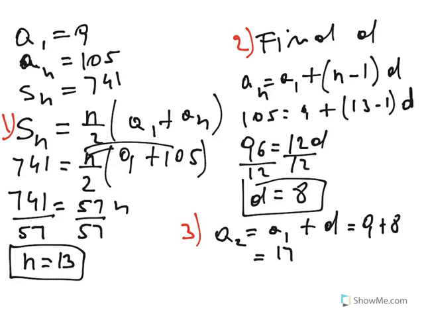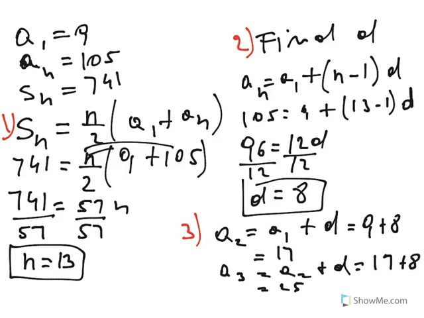And to find the third term, a sub 3, I'm going to take a sub 2 and keep adding the common difference d. So 17 plus 8 is going to give me 25.